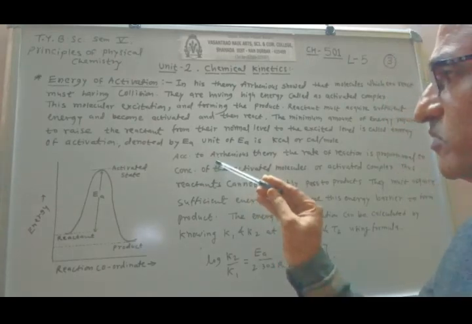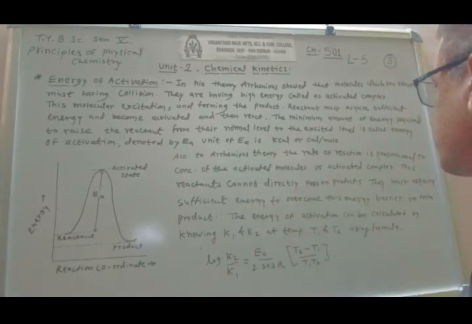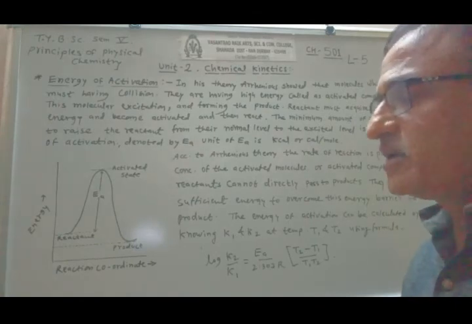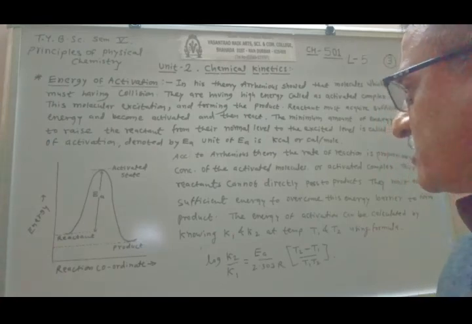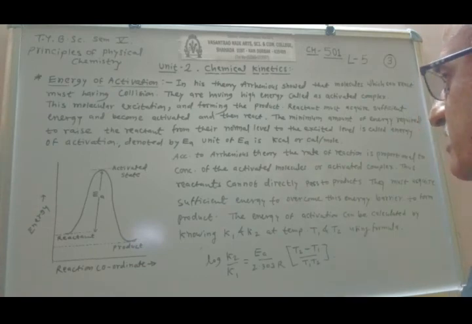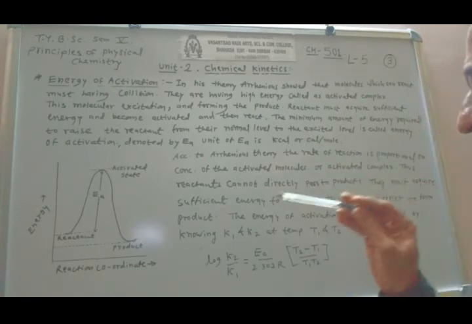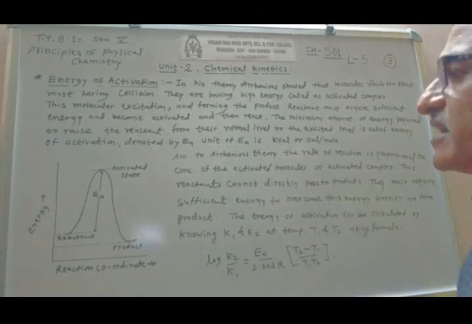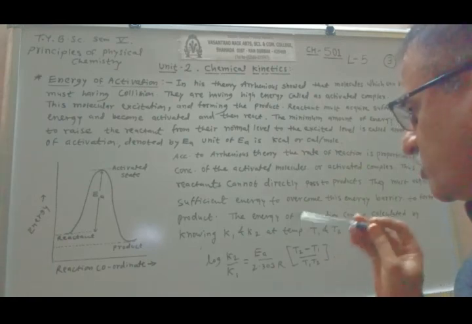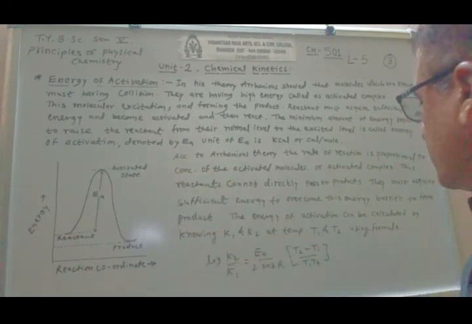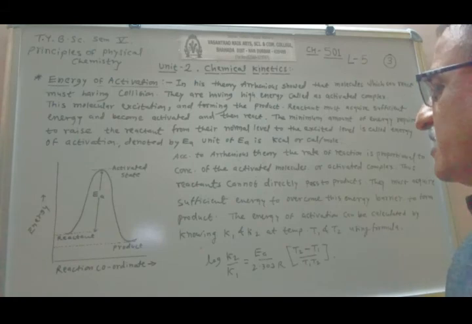Now, according to Arrhenius theory, the rate of reaction is proportional to the concentration of the activated molecules. So here concentration is more important, and the rate depends on the concentration of the activated molecules. Reactants cannot directly pass to the product. They must acquire a sufficient amount of energy to overcome this energy barrier, and this energy is known as activation energy.